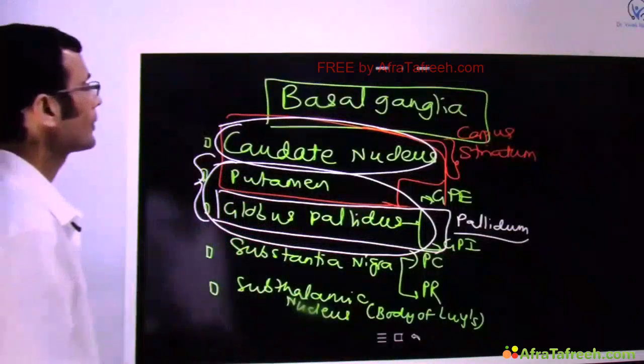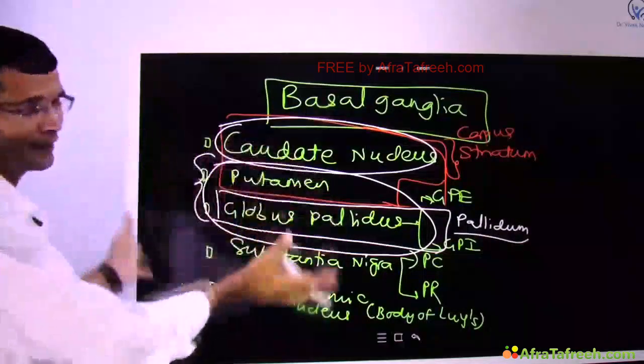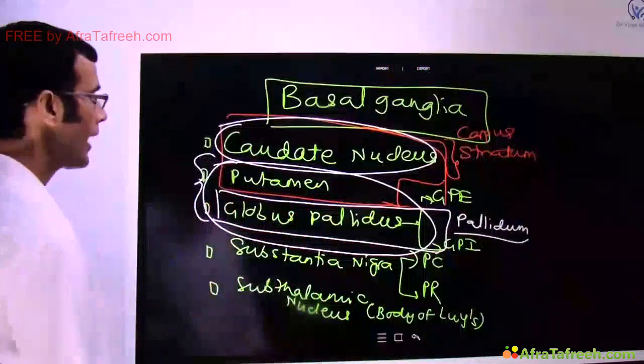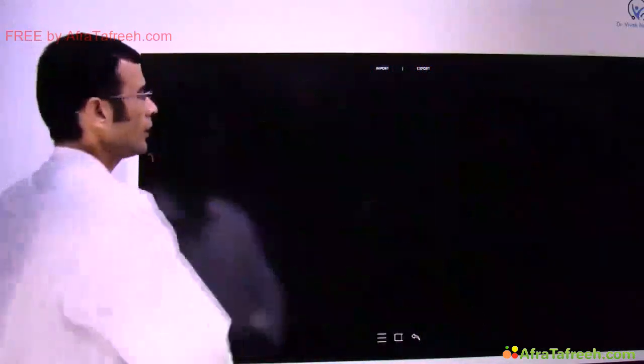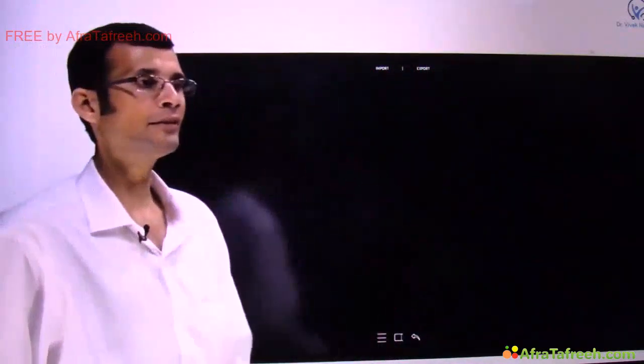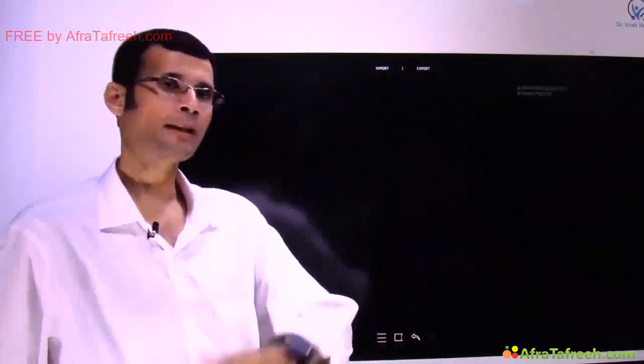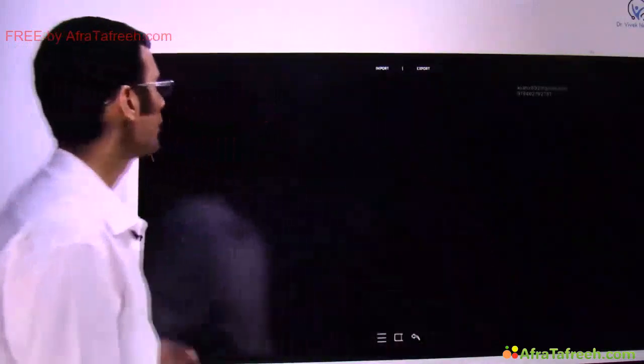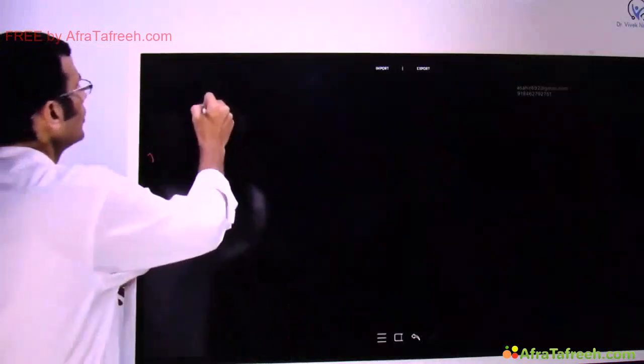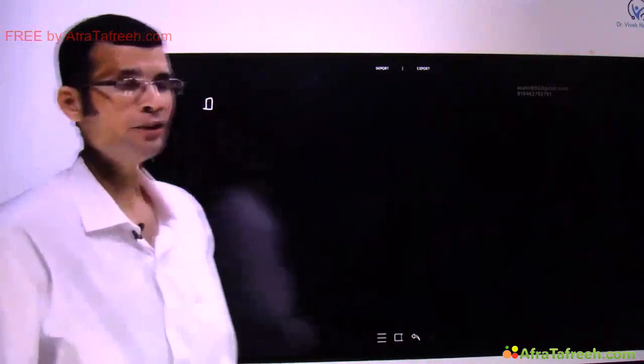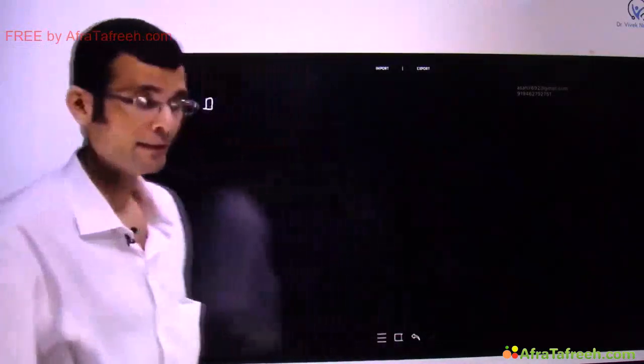Well, this is what is the composition of the basal ganglia. These 5 structures are involved. We have seen that basal ganglia is exclusively connected with the cortex, means circuits cortex to basal ganglia back to cortex. So what are the generalized features of basal ganglia circuit?